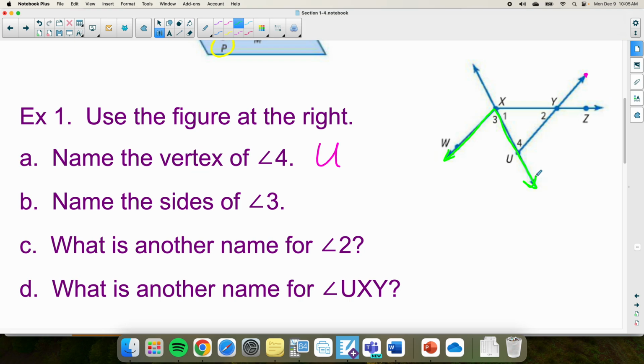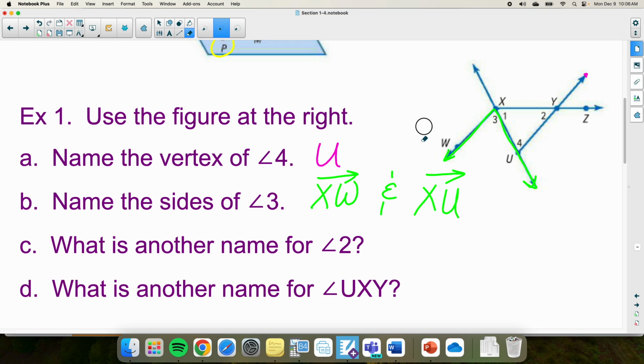So for one of them, it's going to be XW. Do you guys get that? This side, does X have to come first? Yeah. It does in a ray, yes, XW. And what could I name the other ray as? XU, very good. So when you name an angle's sides, it's those 2 rays.